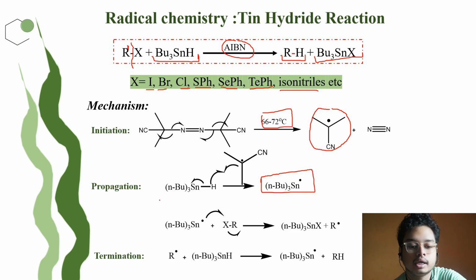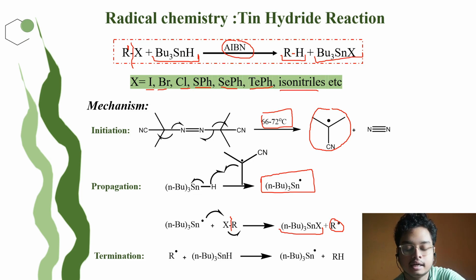So this radical will react and the bond gets cleaved, and tributyl SnX is generated, and the R radical is there.